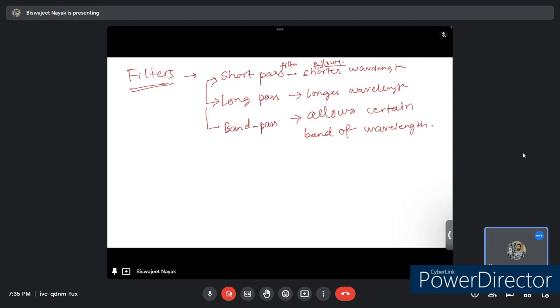So the question comes, why do we need these filters? We need this filter to adjust the intensity and wavelength of illumination, because as we know, whatever image you get totally depends on what kind of light is coming through.